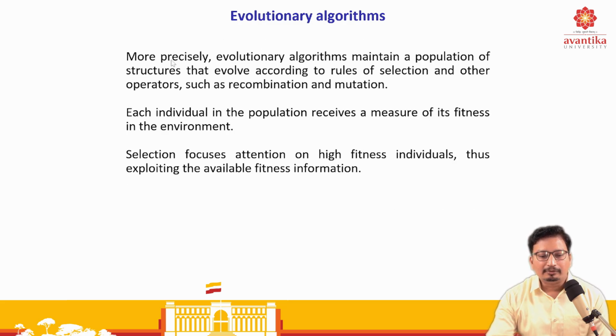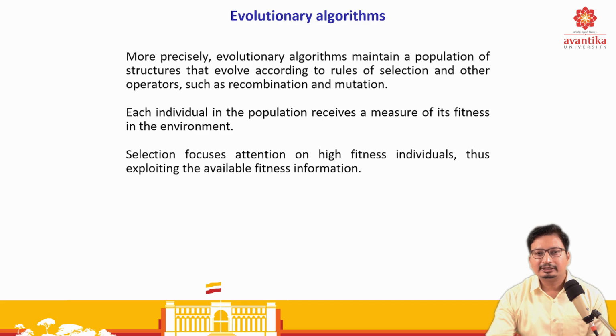Most precisely, evolutionary algorithms maintain a population of structures. The population of structures here represents the input variables, which evolve according to rules of selection and other operators such as recombination and mutation. In evolutionary algorithms, we have the input set which we name a population.